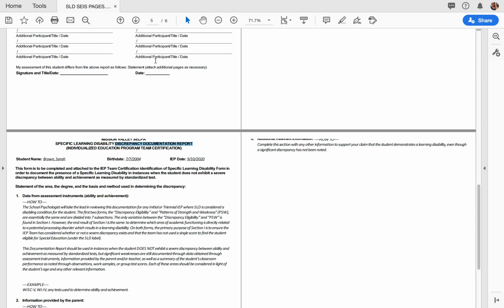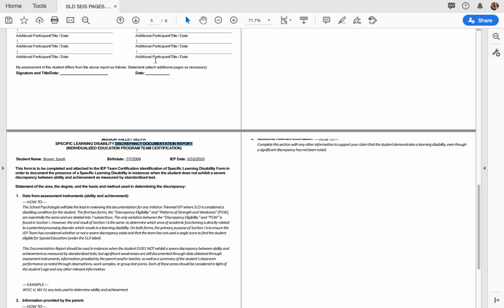should be used in instances where the student does not exhibit a severe discrepancy between their ability and achievement as measured by standardized tests, but significant weaknesses are documented through data obtained through assessment instruments, information provided by parents or teachers, as well as a summary of the student's classroom performance as noted through observations, work samples, or group test scores.